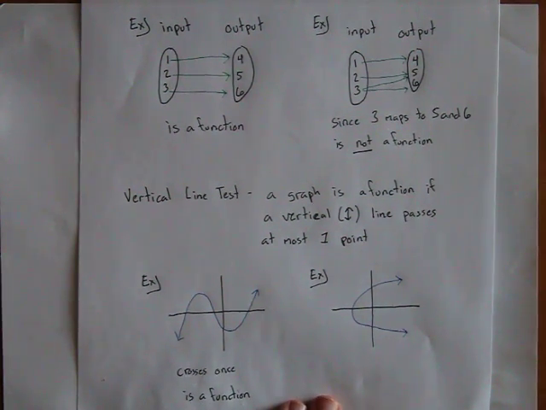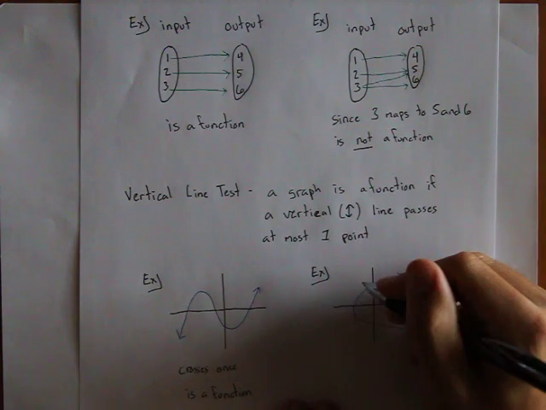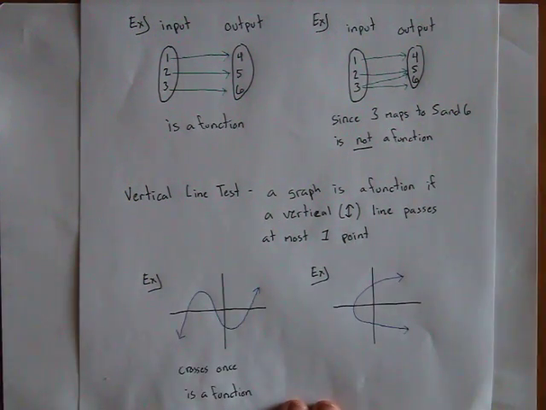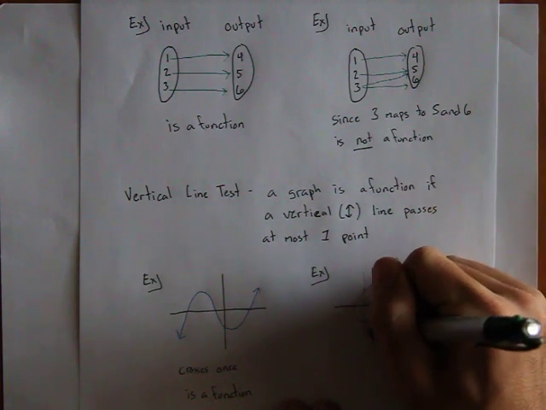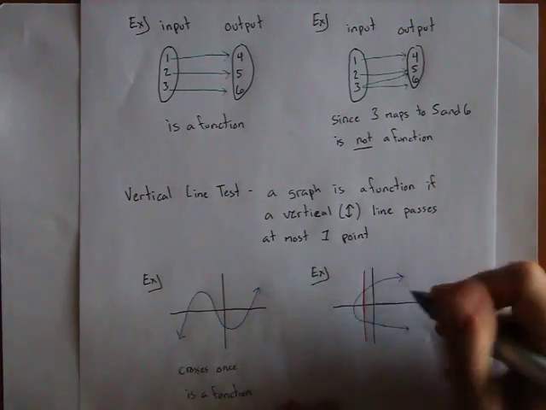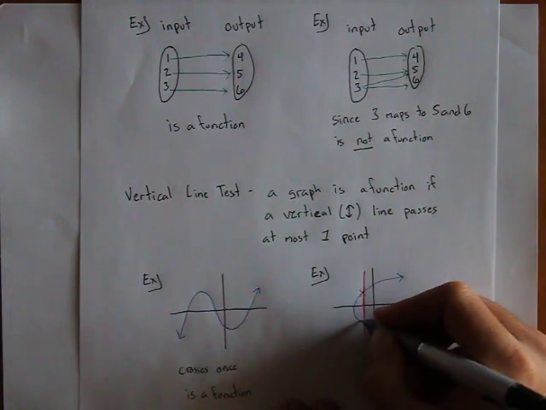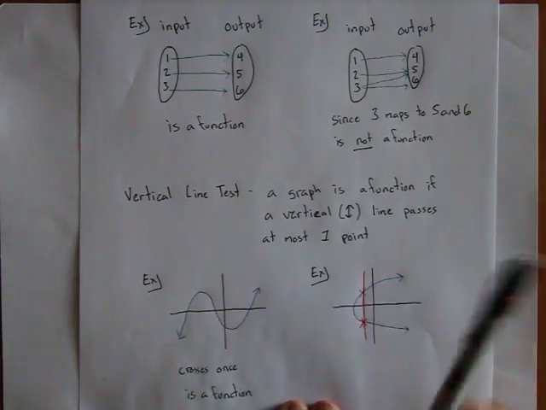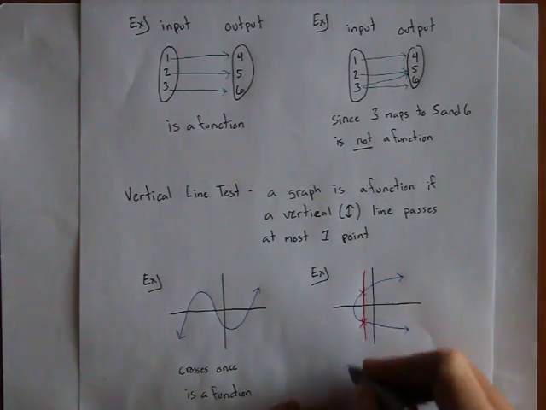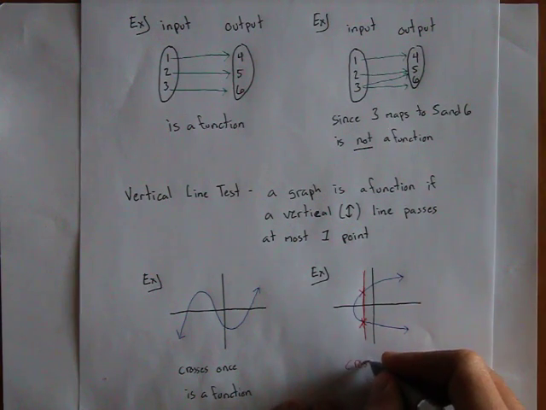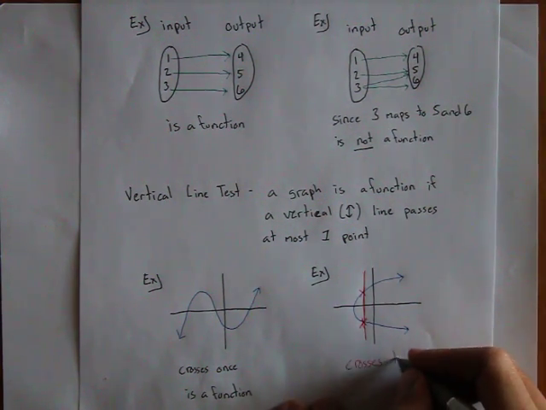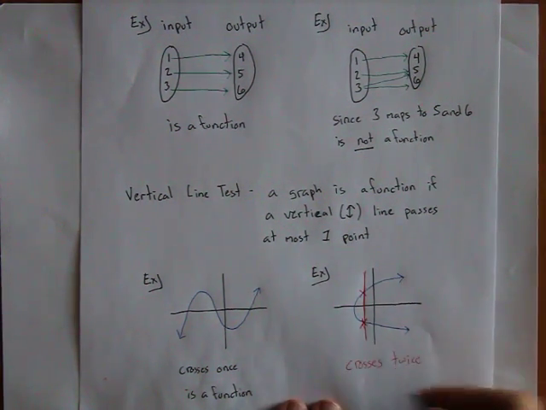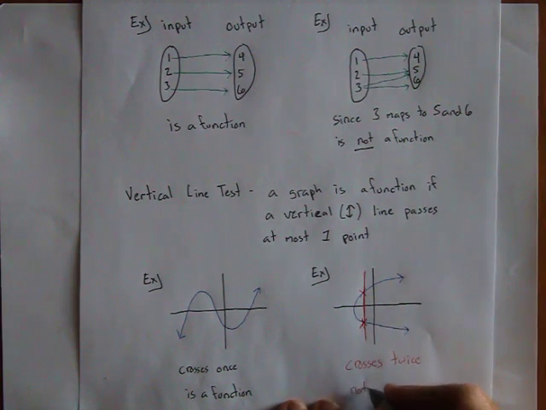We can compare this to this guy over here. If I draw this line in right here, use red so it's clear. Boom. There's my vertical line. It crosses twice. So we would say not a function.